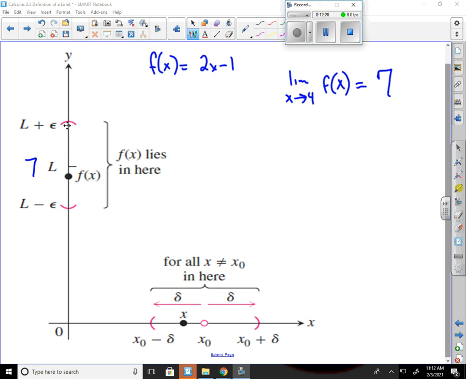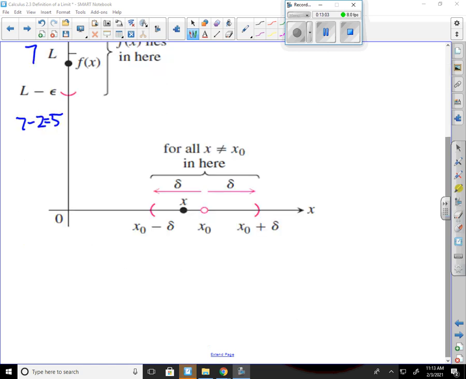Then I said I wanted to think about every value that was within 2 of my limit, which meant that I had to restrict my epsilon and say that was epsilon equals 2. In other words, I could go 2 above my limit, or 2 below my limit. Then that said, what are my x values that will make that true?